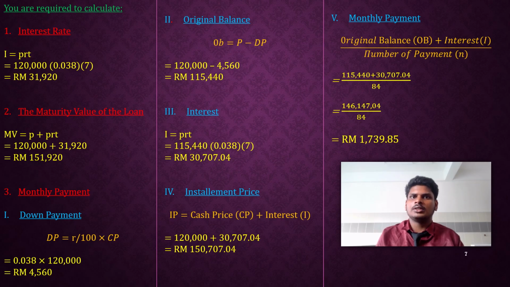The sum of these two amounts equals RM146,147.04. Dividing this total by the number of payments, 84 months, gives us the monthly payment. So RM146,147.04 divided by 84 equals RM1,739.85. That's the monthly payment required to pay off the loan in full over the specific term.